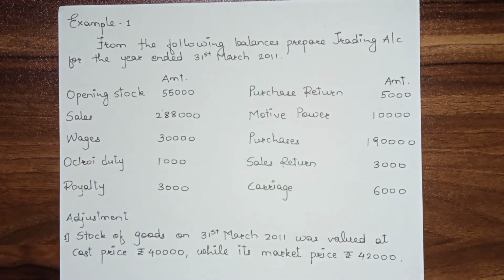Opening stock, rupees 55,000. As we have already learnt, the stock which is left in the business at the end of the previous year and is carried forward into the next year is considered the opening stock. This opening stock will be the closing stock of the previous year.